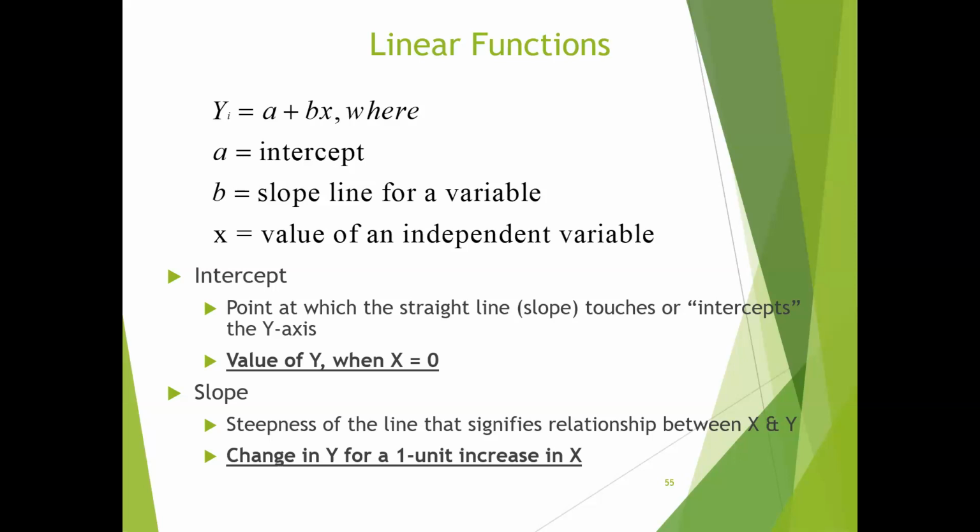And if it is negative, then B, or the slope, would be a negative number. And don't worry, I'll give you plenty of examples for what I'm talking about. But I just needed to define terms before I put meat on the bones of these terms.